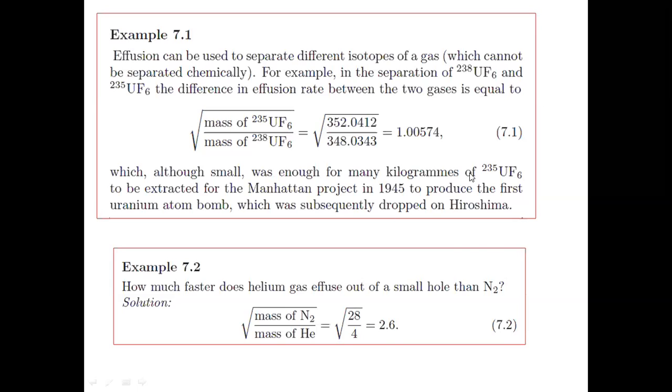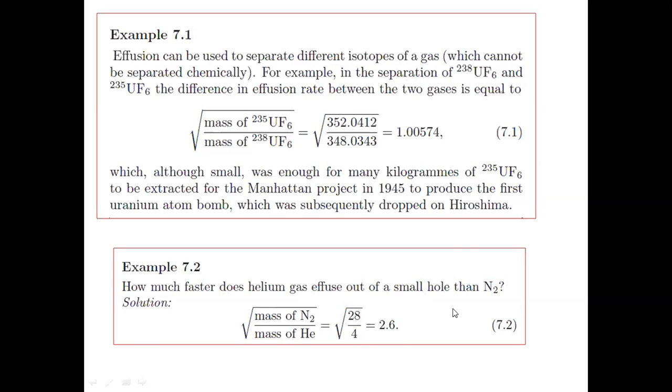Even diffusion can be used to separate different isotopes of a gas. Example 2: how much faster does helium gas effuse out of a small hole than N2? The square root of the mass of N2 over the mass of helium equals the square root of 28 over 4, which equals 2.6.